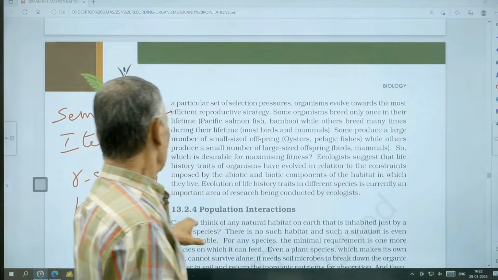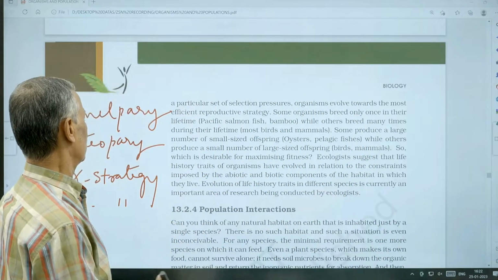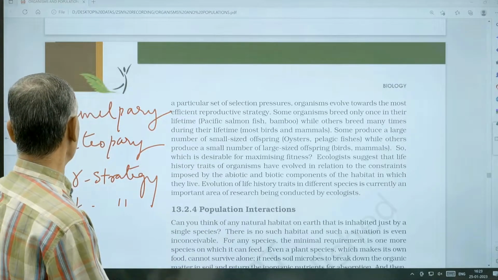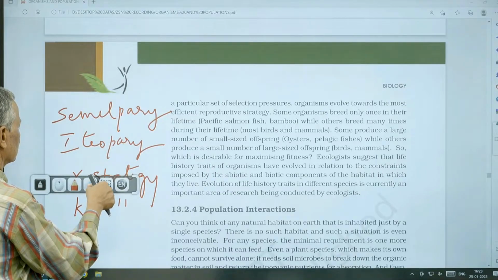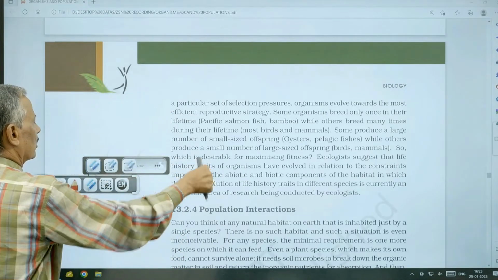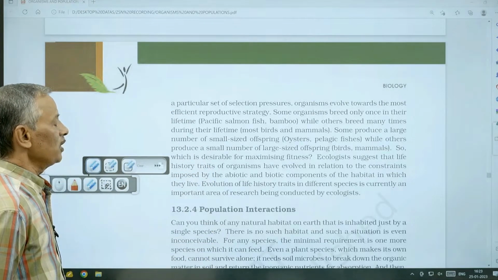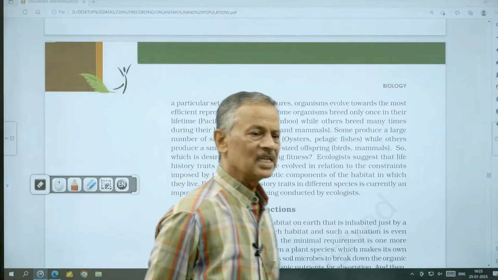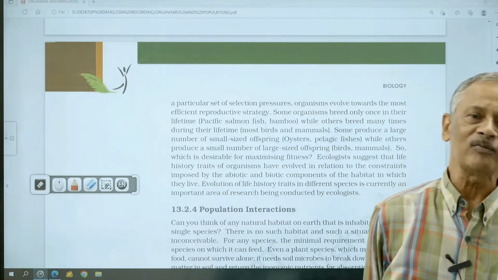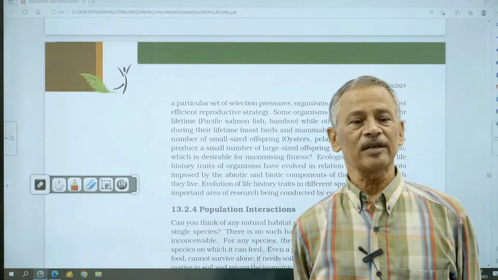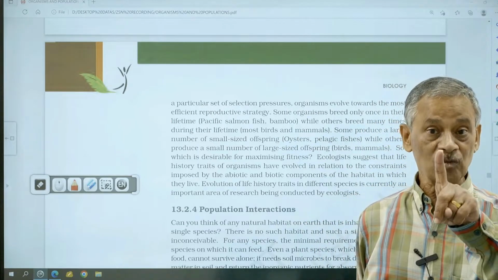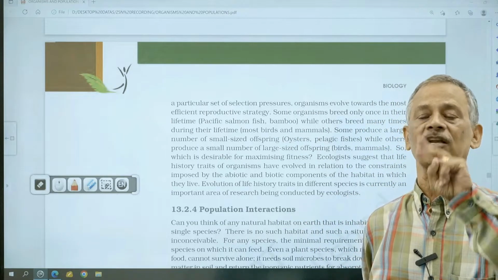Now we come to the last part of this chapter, namely population interactions. Remember that there will be so many different types of populations living in a community, and they will be engaged in different types of interdependence and interaction. There may be two types, intra-specific and inter-specific.